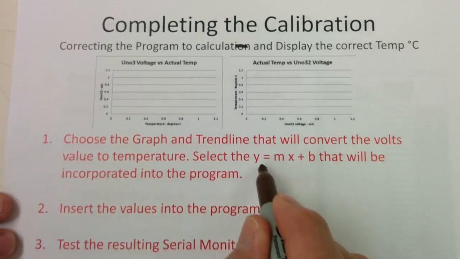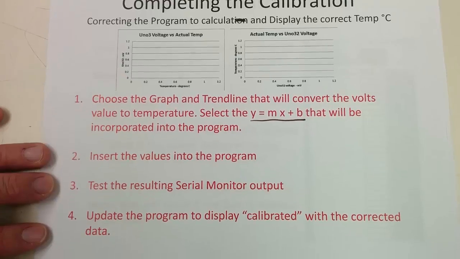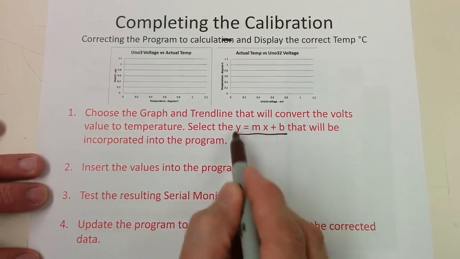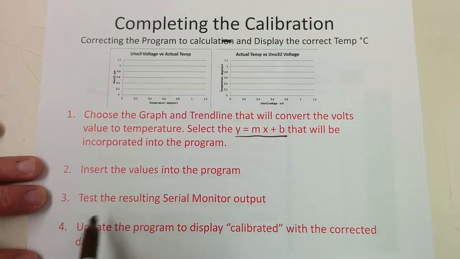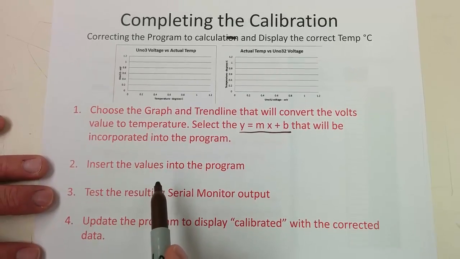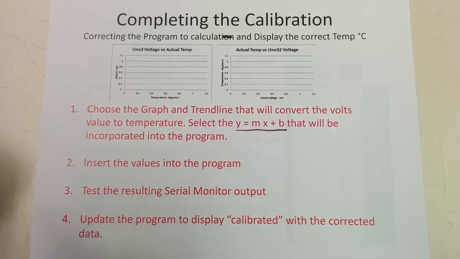You should include both the y equals mx plus b trend lines on those two graphs, and then we're going to select which one of those lines best allows you to calculate the actual temperature from the measured value of millivolts. And then we'll test the resulting output on the monitor.